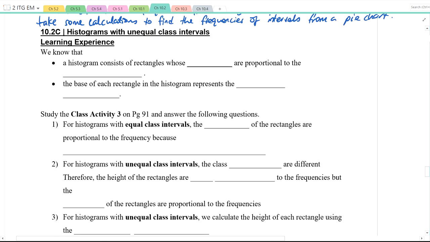Okay, so the next one is just a summary. Histograms consist of rectangles whose areas are proportional to the frequencies. The base of the rectangle represents the class width.